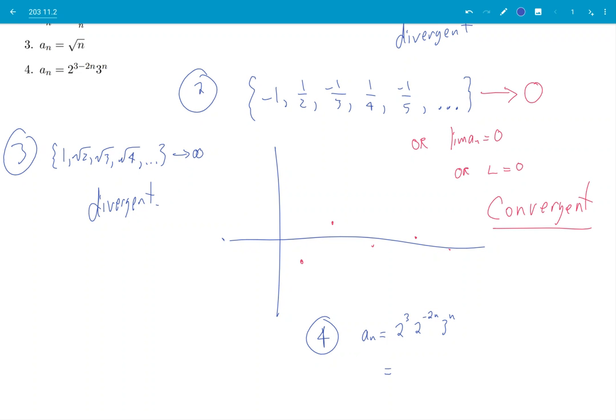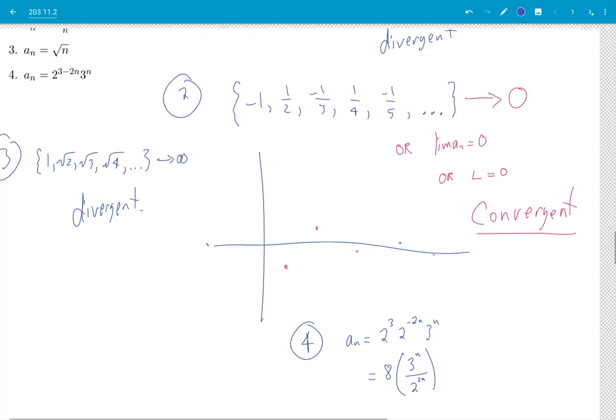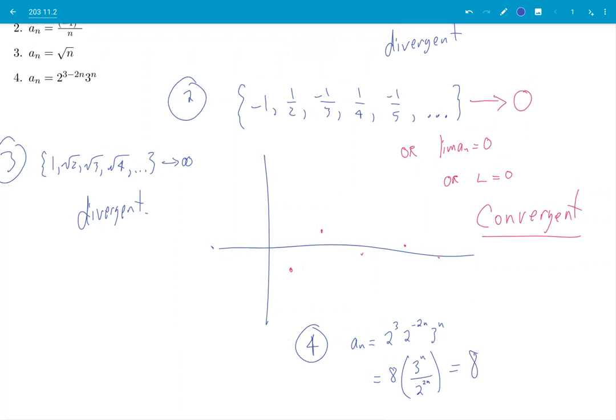I get 8, is that? And then I get times, or let's just put a bracket, 3 to the n over 2 to the 2n, which is 8, 3 to the n over 2 squared to the n.